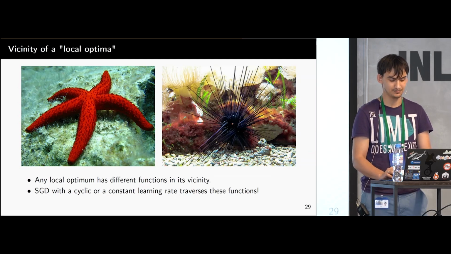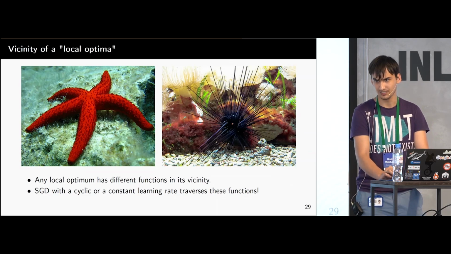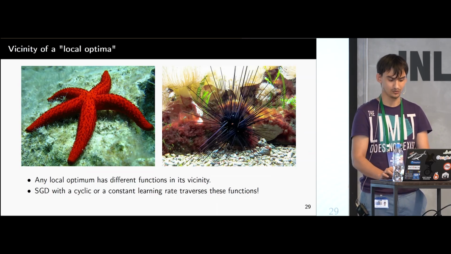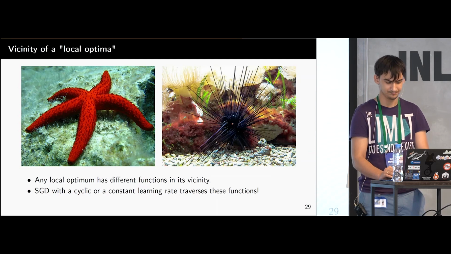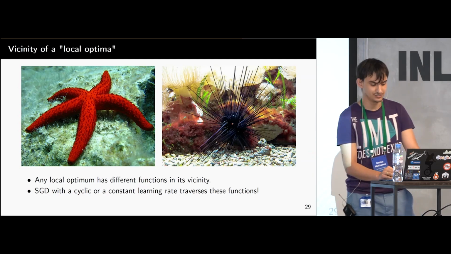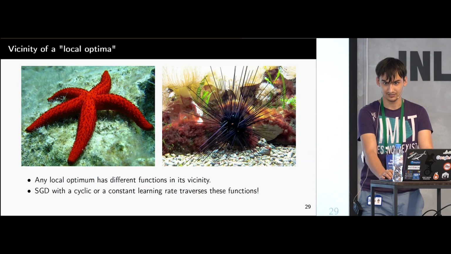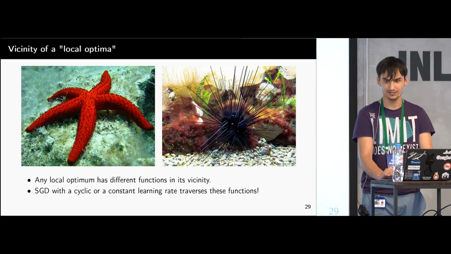And what actually happens when you run SGD with a quite small learning rate, so it does not escape one local optimum, but you use a cyclic or a constant learning rate that is not decaying to exactly 0, is that plain SGD actually traverses these functions. And it can be quite useful.